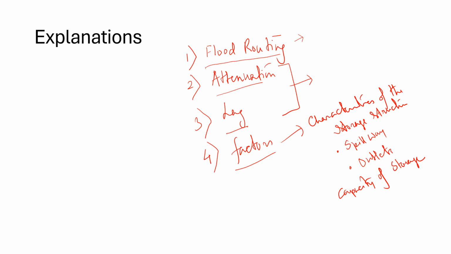So the amount of peak flow in case of inflow hydrograph, that is the inflow flood hydrograph, and the amount of peak flow in case of outflow hydrograph, that is the hydrograph that is going out of the storage structure, is different. And also the outflow peak will be lesser than inflow peak because water is already stored now.